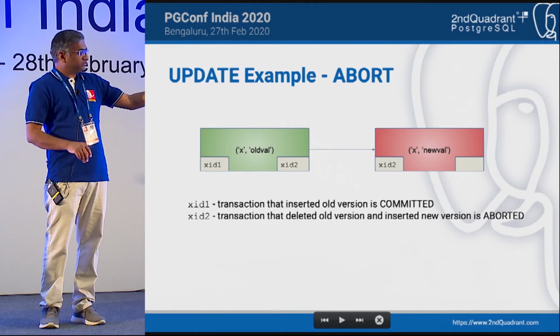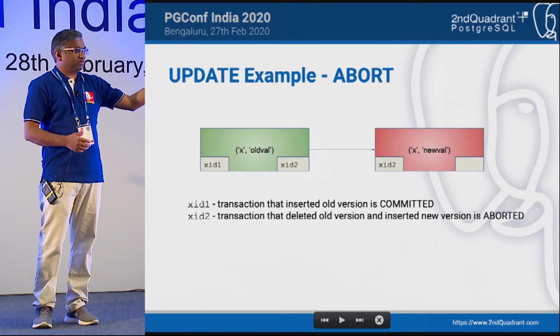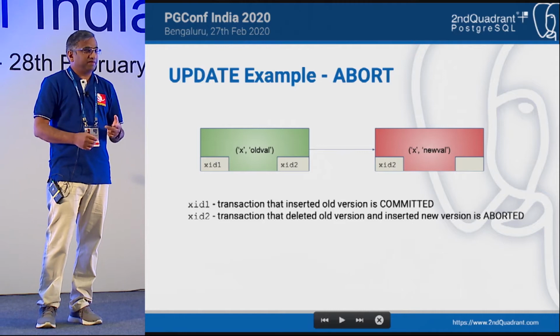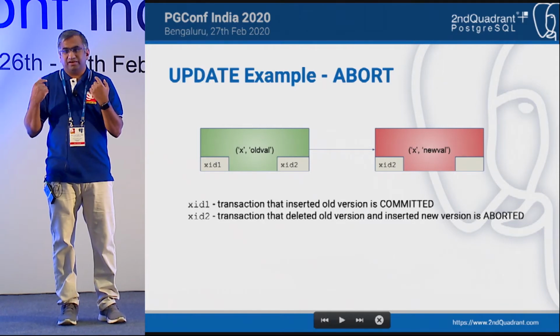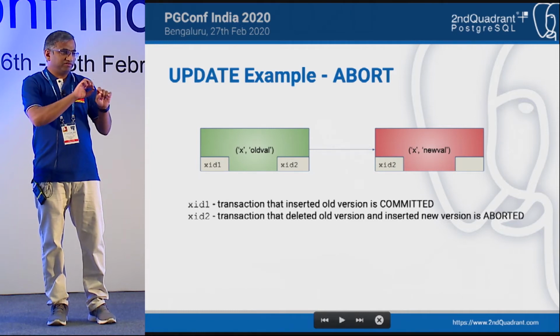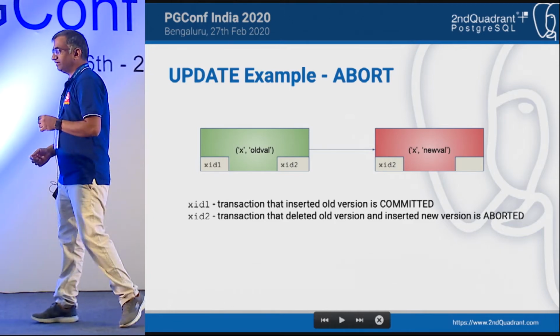So even if the database had stamped the old version with XID1 and XID2 and the new version with XID2, we have to have sufficient intelligence in the database to decide which of these two rows should be visible to a given transaction.